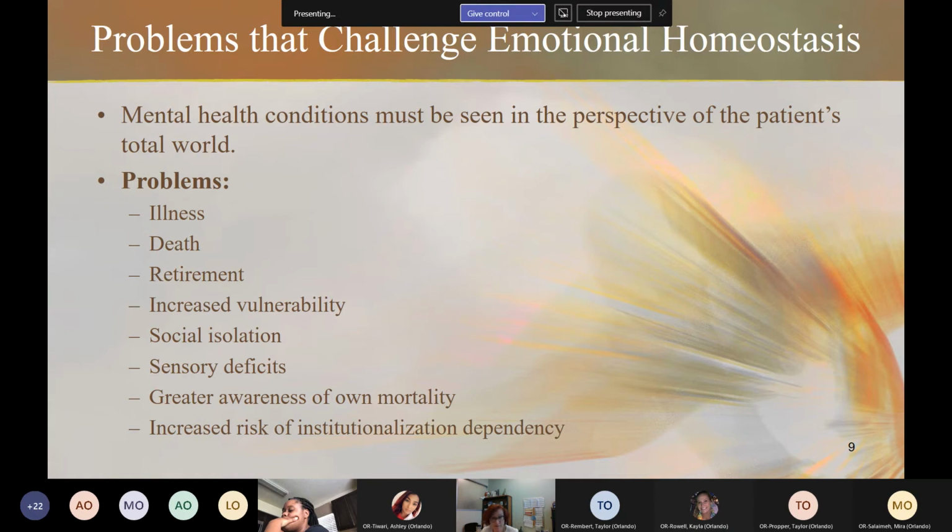Retirement, we've talked about retirement in the past, just a few weeks ago actually, about how retirement can change an older person's lifestyle and how they have to look at the phases and the stages of retirement, and to see how they are going to be able to manage all of that.